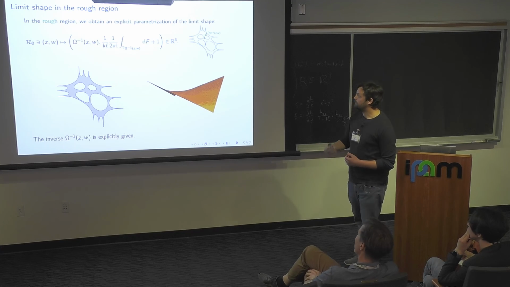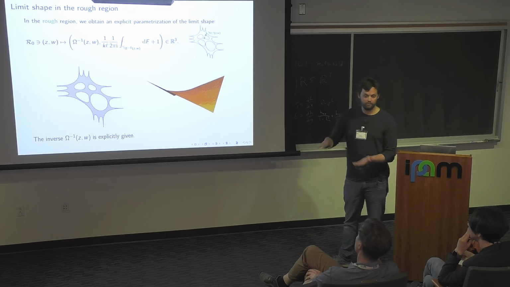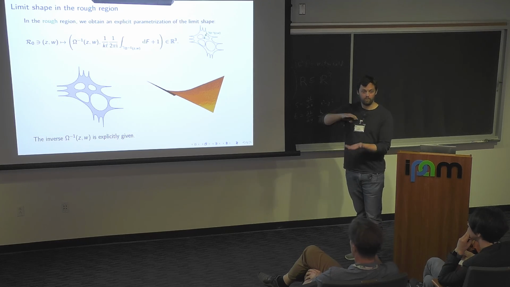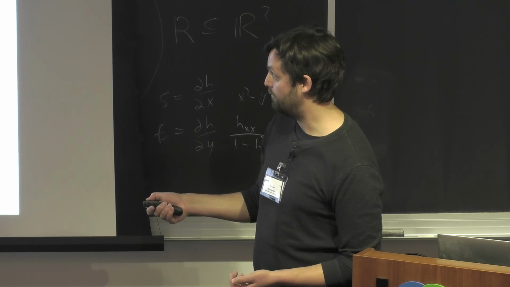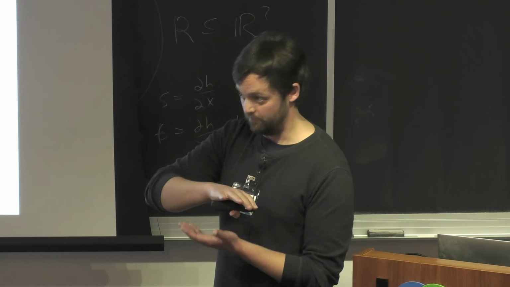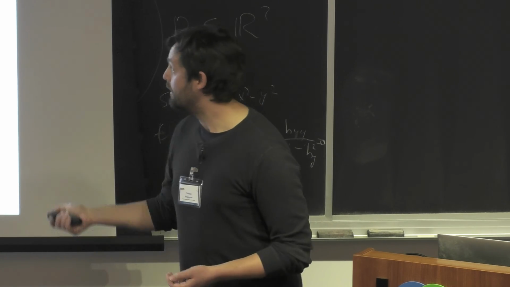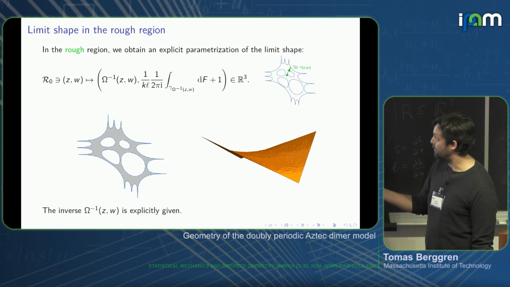And so that means more explicitly that you can parameterize your surface by the interior of the amoeba. You can parameterize the liquid region by your amoeba, because you can actually get an explicit, maybe a bit complicated, but still explicit expression of the inverse of this map.